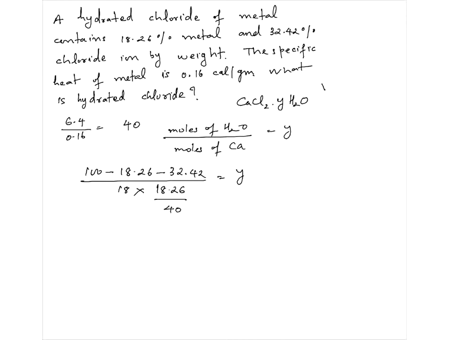So the chloride should be CaCl2, but it is hydrated. So there should be some molecules of water present in it. So it should be CaCl2 dot YH2O. And that Y we do not know.